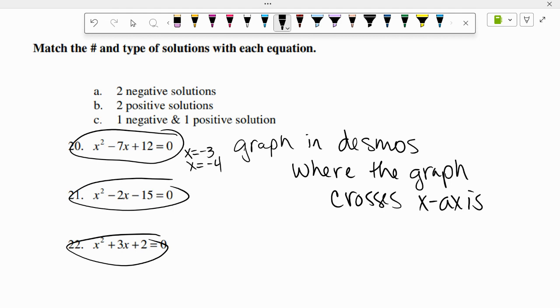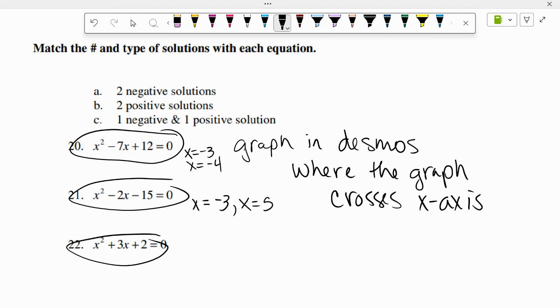So you guys decide which one it models. The next one, x squared minus 2x minus 15. When you go to your table of values, it has a root at -3, and it also has a root at +5.